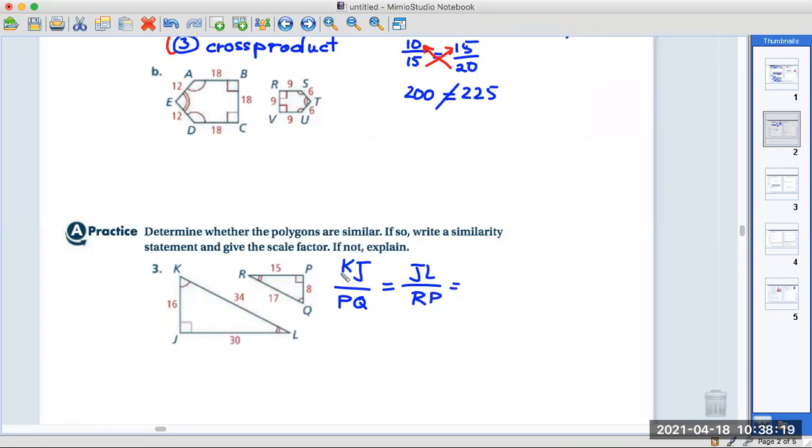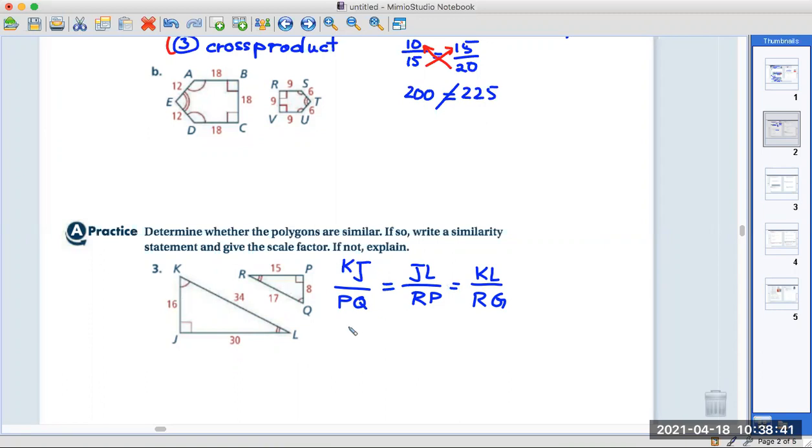That's called the extended ratio. And KL, I'm looking for the sides that match up. Okay. And remember, I started with the first big one, so I go to the smaller one, then I go back to the big one over the smaller one, back to the big one over the smaller one.